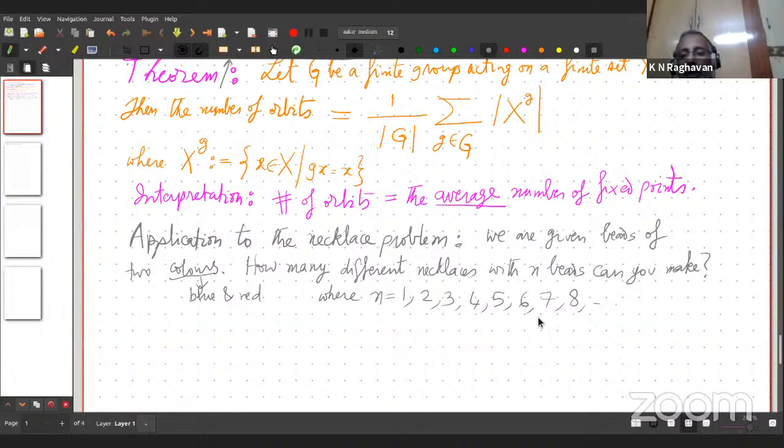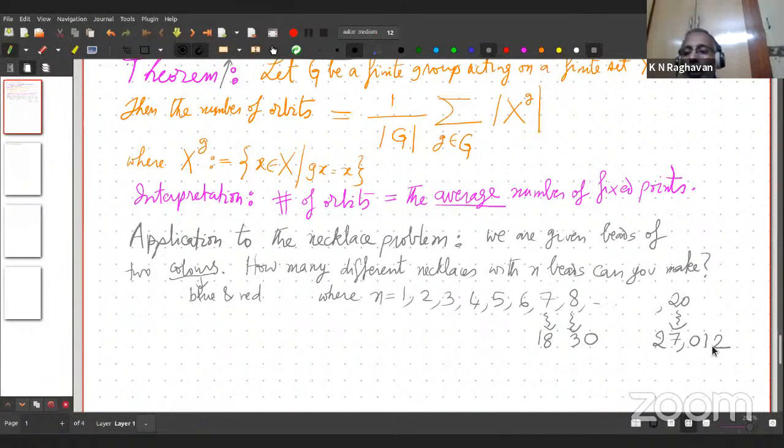The answer, if I may remind you, here is 18, here it is 30. And if you go all the way to 20, the answer, let me look it up, the number is 27,012. That's a very large number. While you may be able to do it for 7 and 8 by enumerating, doing it for 20 beads by brute force seems quite a formidable task.